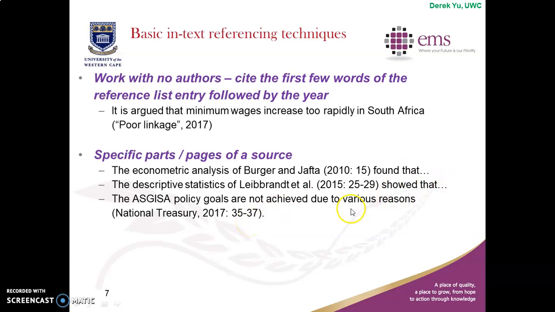They talk about the different reasons why this policy, I don't know if you have heard of it, this is an economic policy, but then the goals are not achieved due to these reasons. And these reasons are explicitly discussed on these 3 pages. This is why you have to show the pages. So obviously you have to show the year, colon, and then the relevant pages.